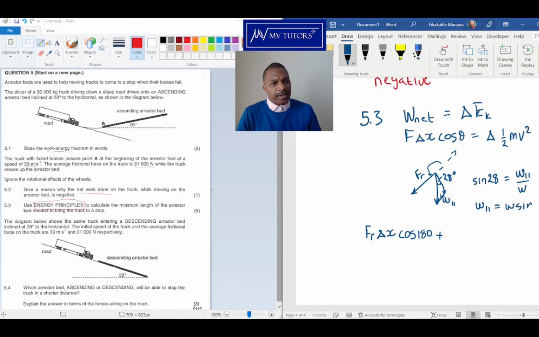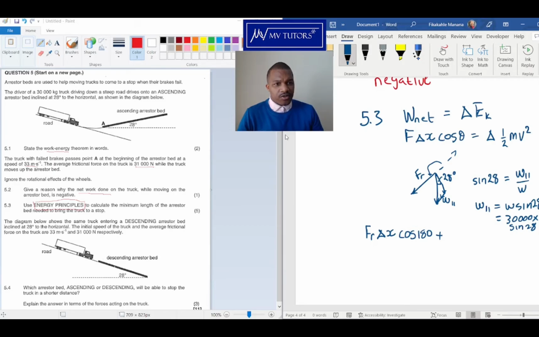the parallel weight is equal to the weight times sine 28. And what is the weight? The weight we are given here is mass times gravity. The mass of the truck is 30,000 times gravity, which is 9.8, times sine 28. So that's what I'm going to write here.